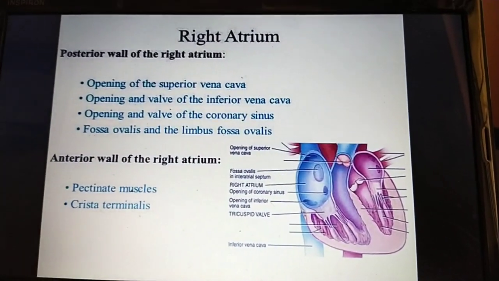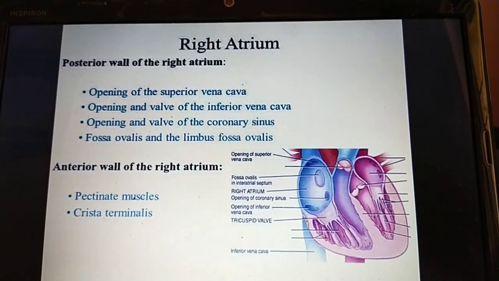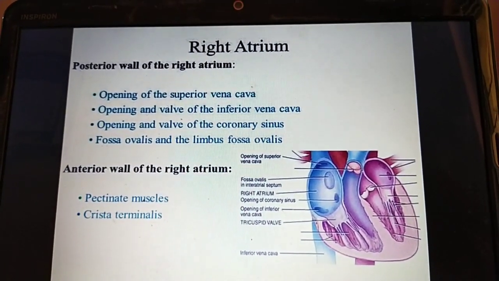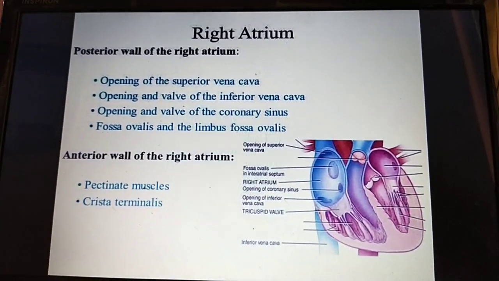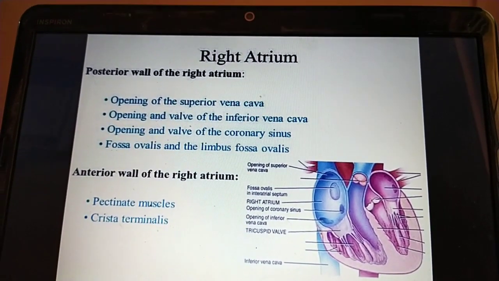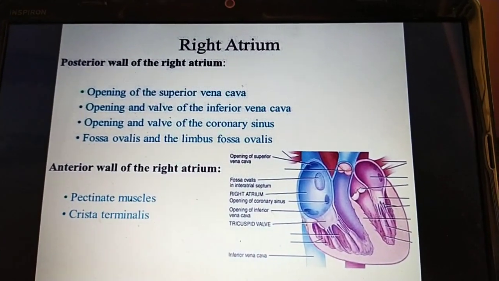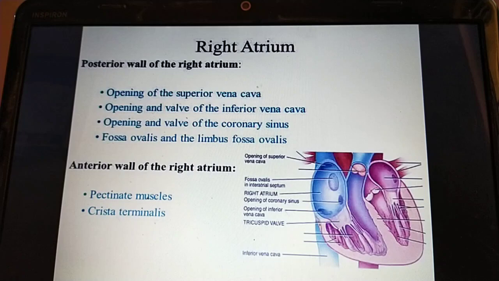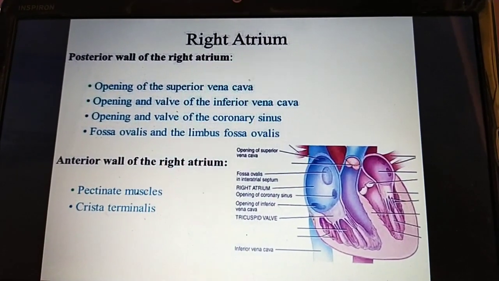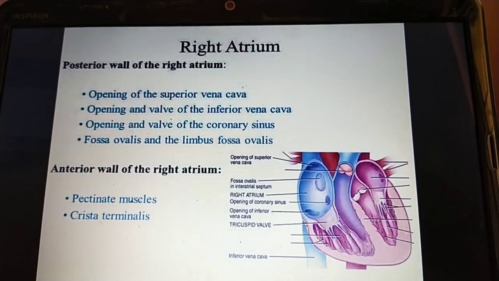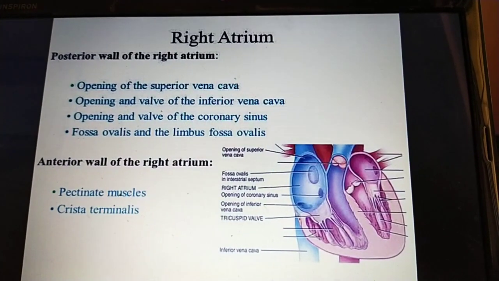Then we can go for the right atrium. There are 2 walls, the anterior wall and the posterior wall. Most of the structures open into the posterior wall of the right atrium, because of that it is smooth.